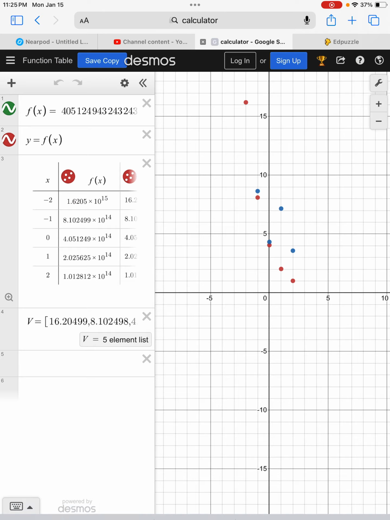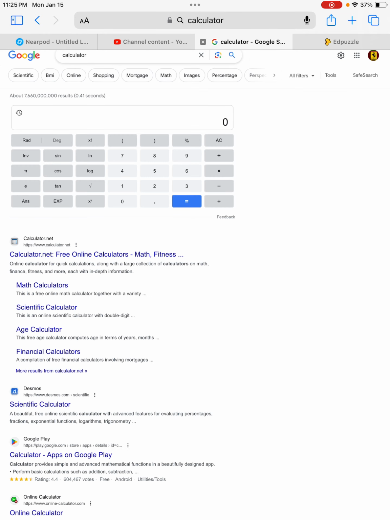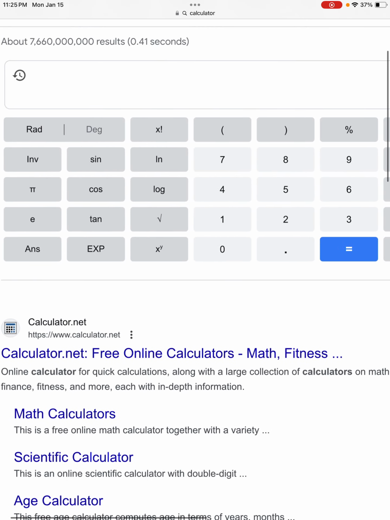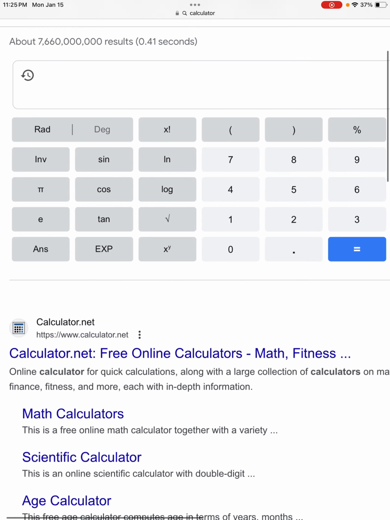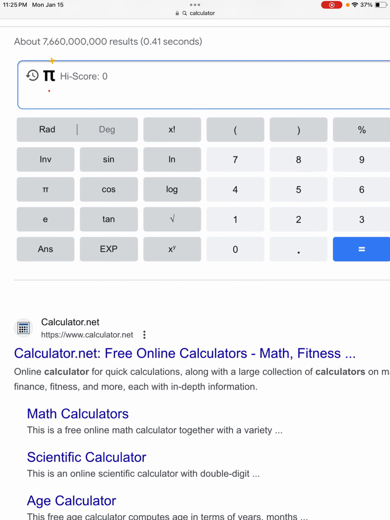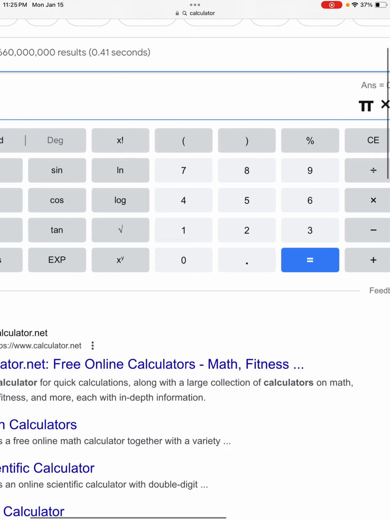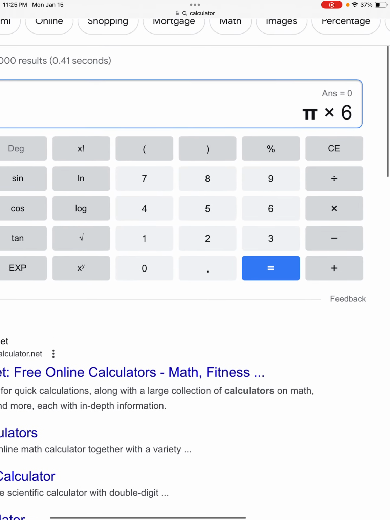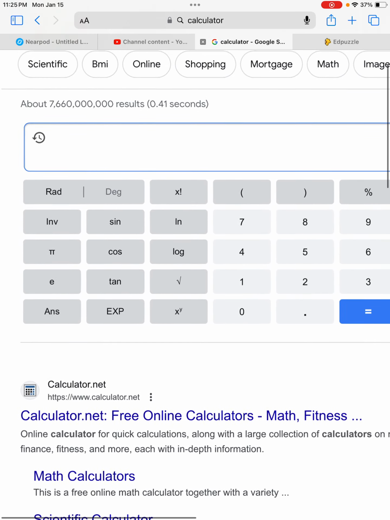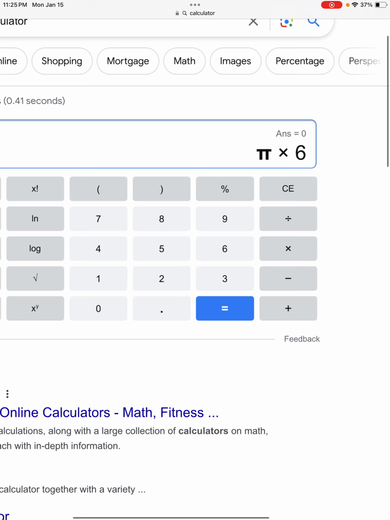For that calculator, again, we're going to be looking for pi r squared. Pi, the radius on that, pi, times 6 raised to that 2. Pi 6 squared equals 113.1.